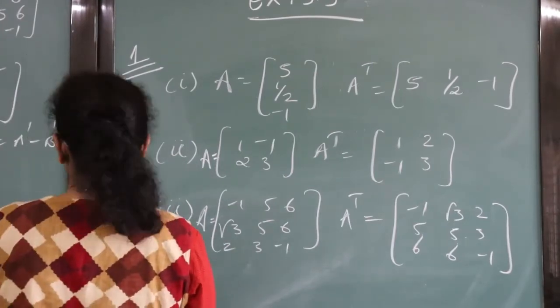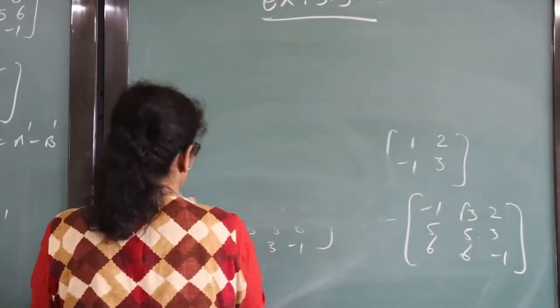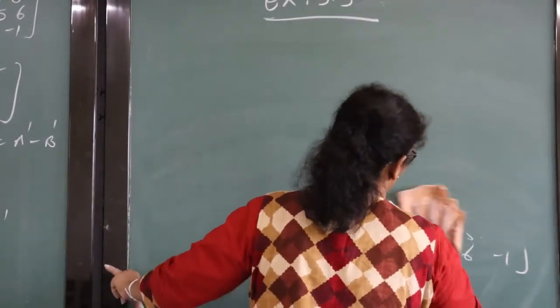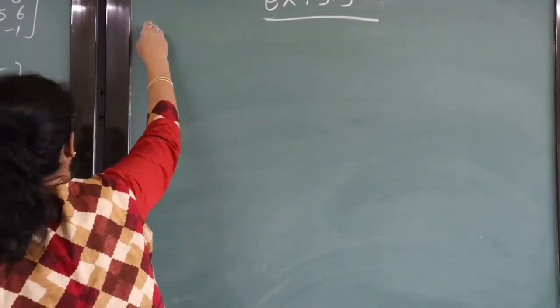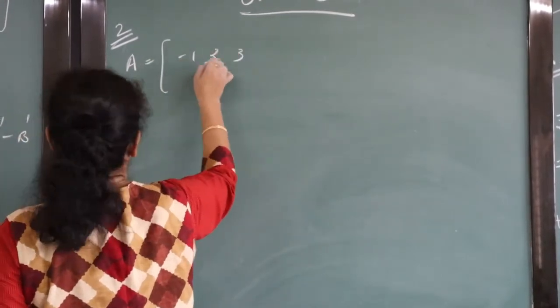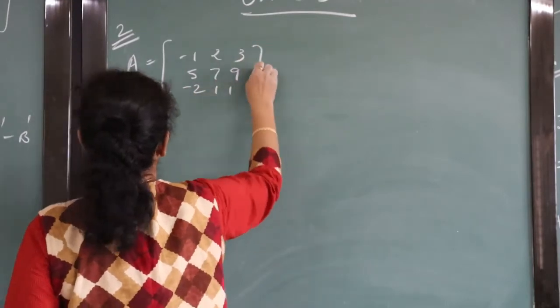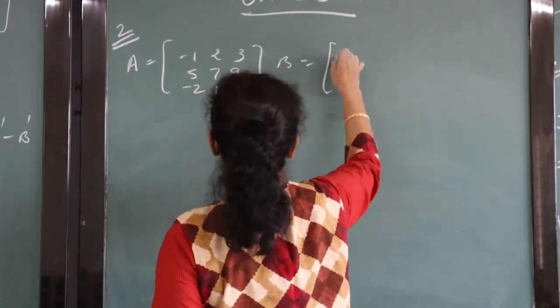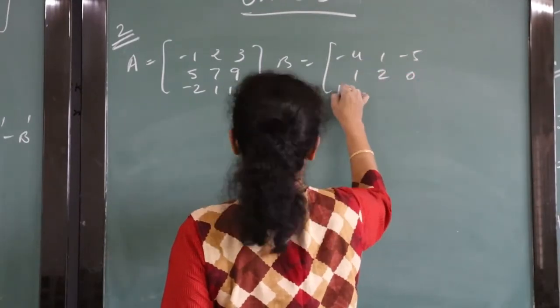Now the second question, in which you have to verify the property for addition and subtraction. So let's take the second example. In the second example, A is given: -1 2 3, 5 7 9, -2 1 1, and B is given: -4 1 -5, 1 2 0, and 1 3 1.